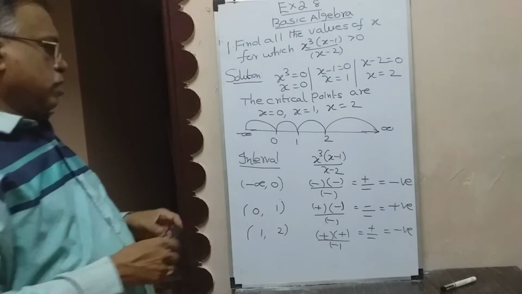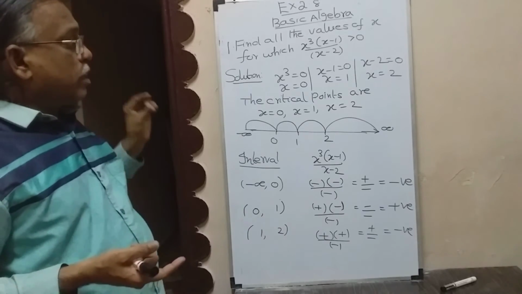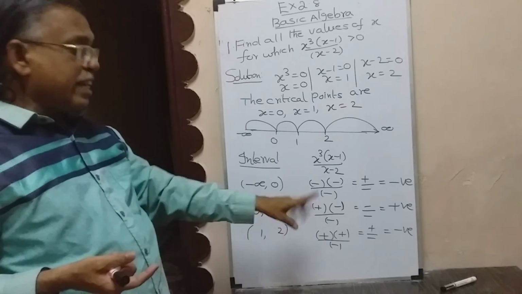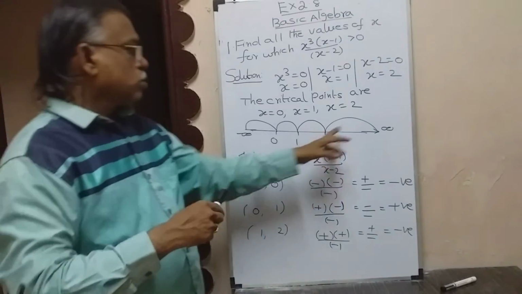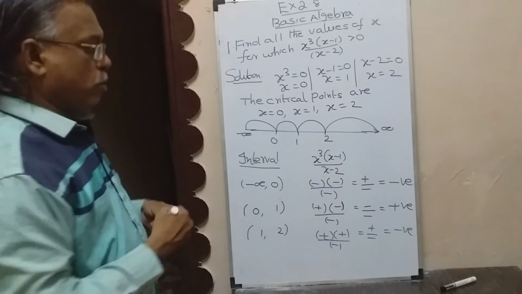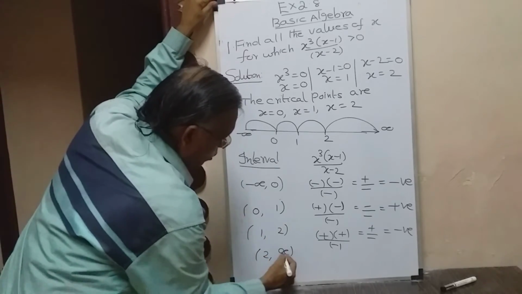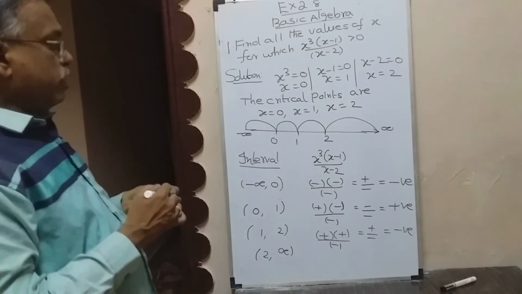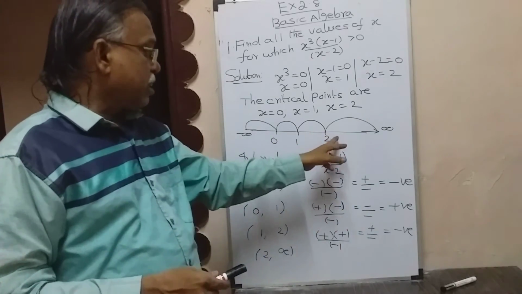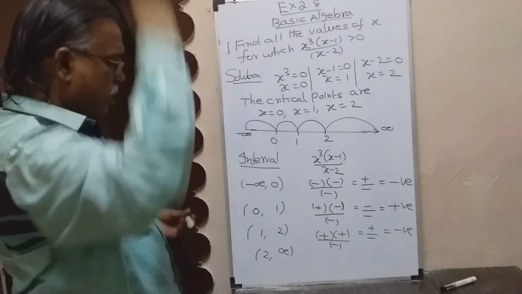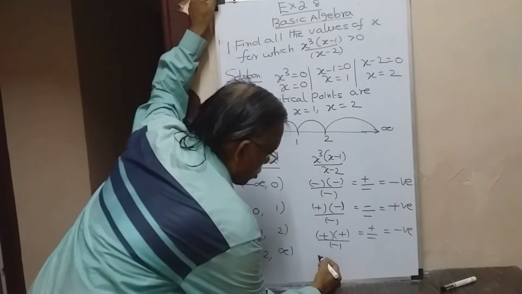Okay students. So 0 to 1 it is positive. Next, 1 to 2 it is again negative. So what is the next interval you have to check? 2 to infinity. Definitely it should be positive. Any point you take and check, for example 3. 3 cube is 27, positive.